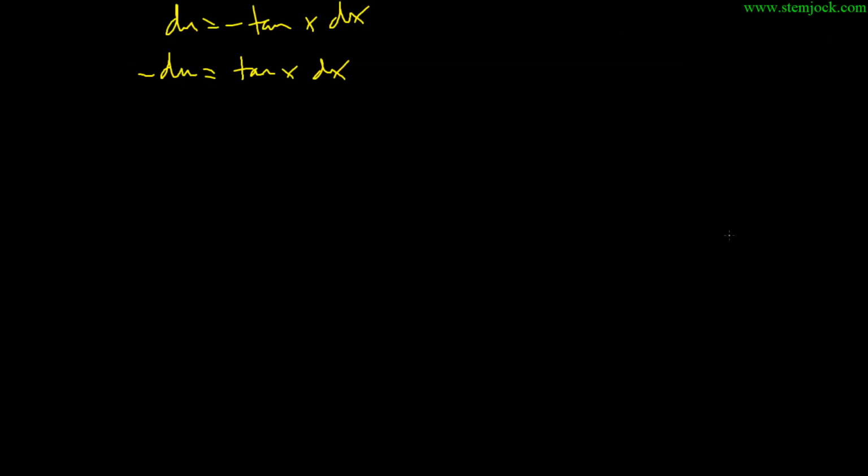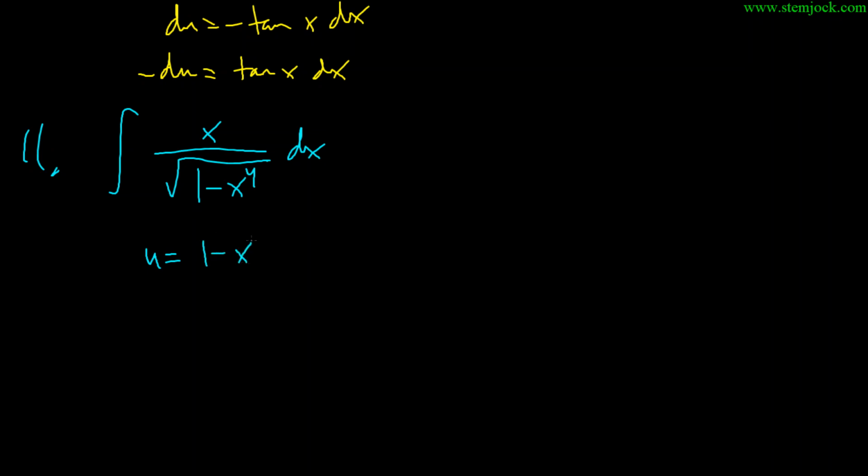All right, number 11. I have the integral of x over square root 1 minus x to the 4th dx. Now, if I follow my own advice of setting u to be the function within a function, that would be 1 minus x to the 4th here.